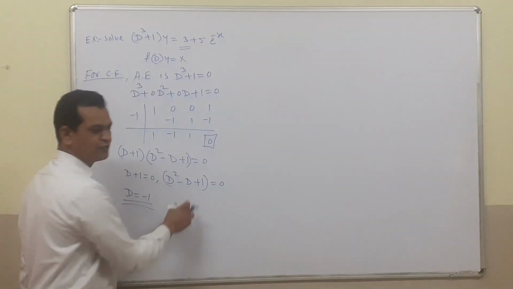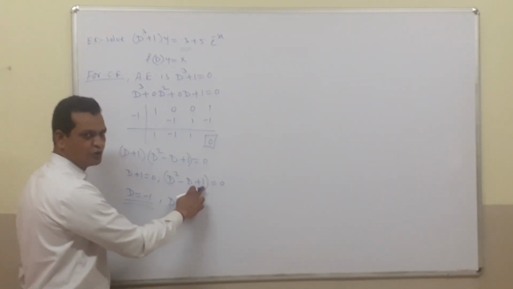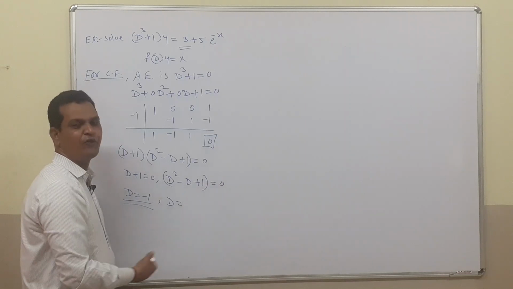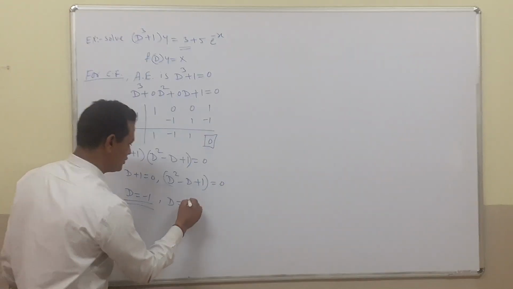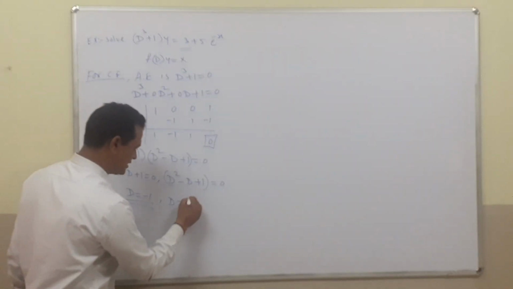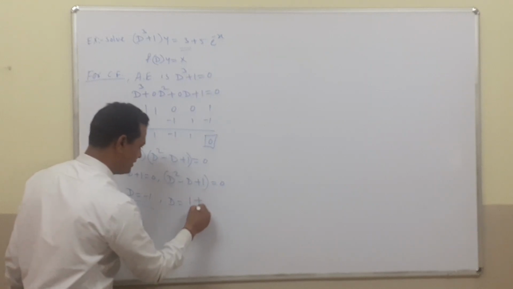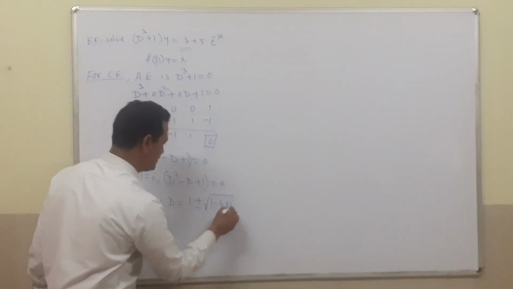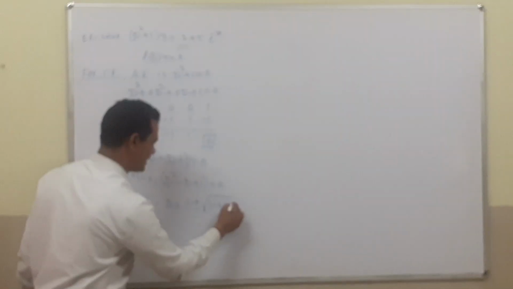Now, to solve this equation with the help of quadratic equation, we get the value of d is equal to, because there is no number whose product is 1 and addition is minus 1, that is why I apply the standard formula of the quadratic equation. So, d is equal to minus b, that means minus minus plus, so this is 1, plus minus root of b square, minus 1 square is 1, minus 4 into a, a is 1 and c is again 1.